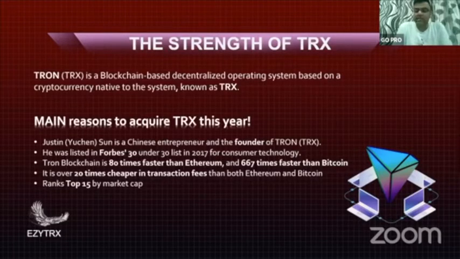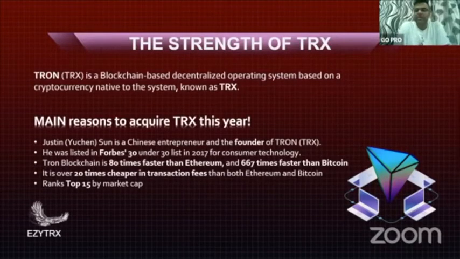So really, I think it's the best time to acquire as much cryptocurrency as you can. I think 2020 and 21 would be the best time. And then I guess 21 would probably have a big leap, or a big bull run might be really around the corner. So Tron blockchain is 80 times faster than Ethereum, 667 times faster than Bitcoin. And even though it's faster, it's actually 20 times cheaper than both these top currencies. So that is really phenomenal. And it's always ranking in the top 15 in the coin market cap.